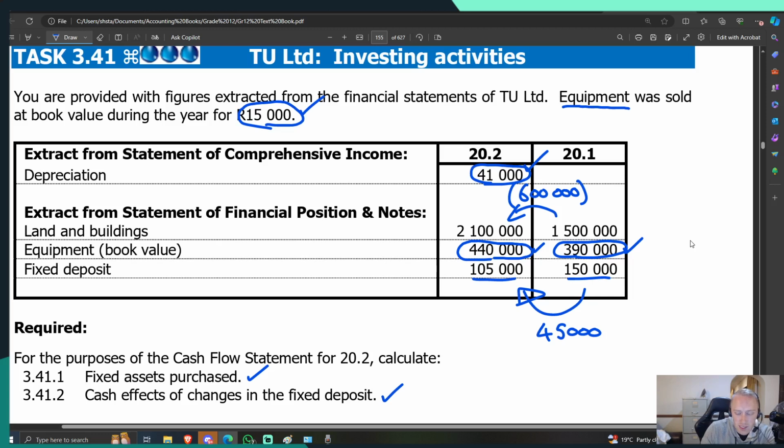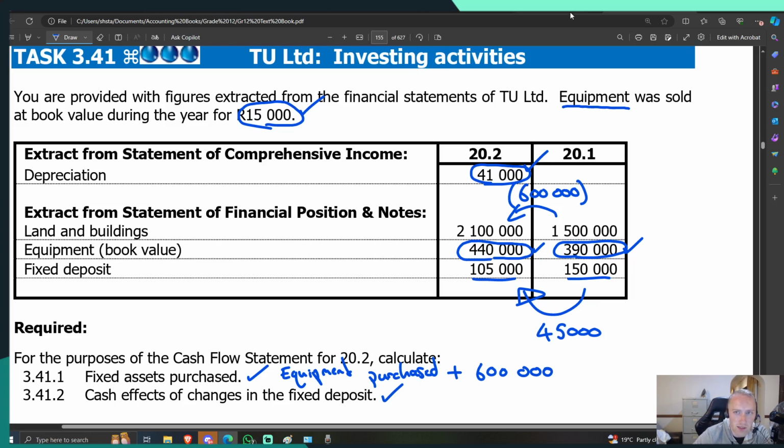Now it's asking us to work out fixed assets purchased, not just equipment. So we would have to add the equipment purchased to the land and buildings that was purchased, which we worked out was 600,000. That then would be the total fixed assets purchased.